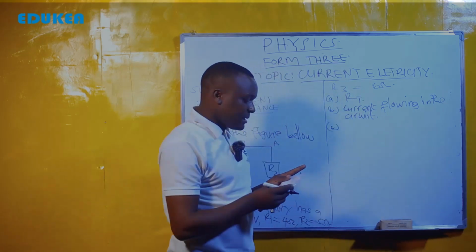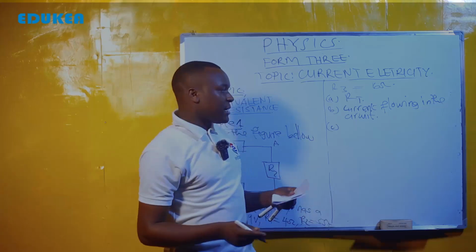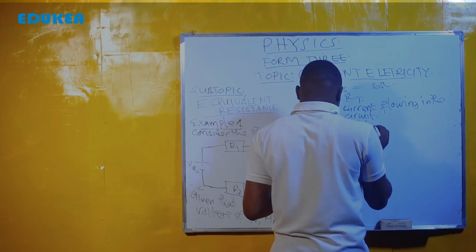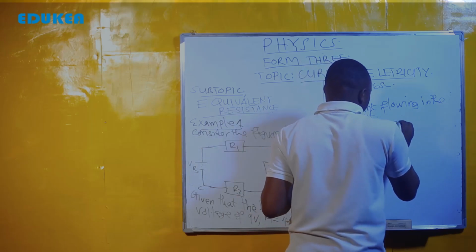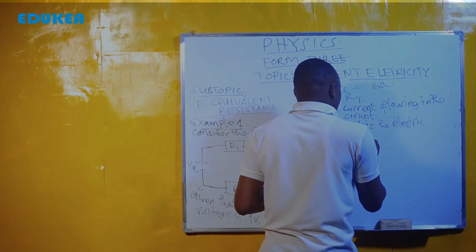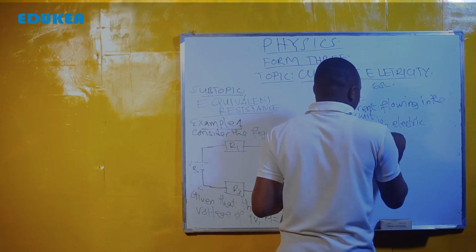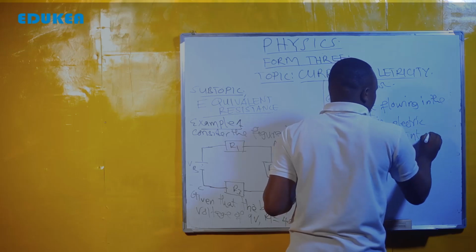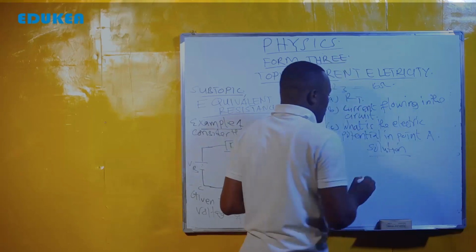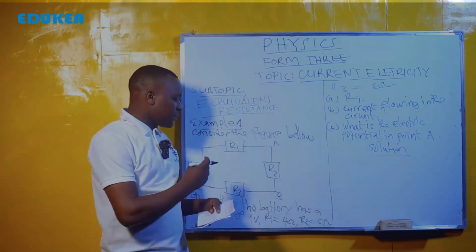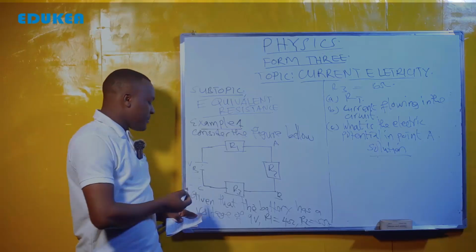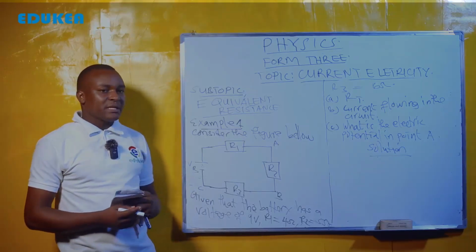But in part C, you are required to find the potential at point A. So, as you look at the diagram, you are given the battery, which is the source of voltage to operate the circuit.